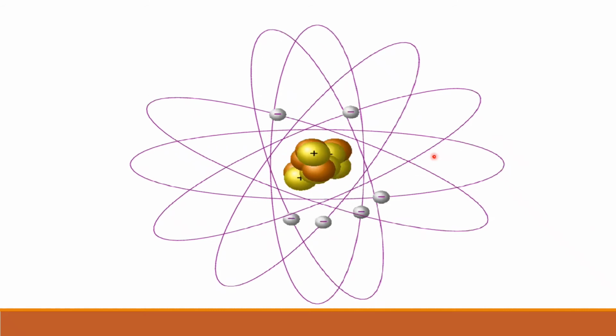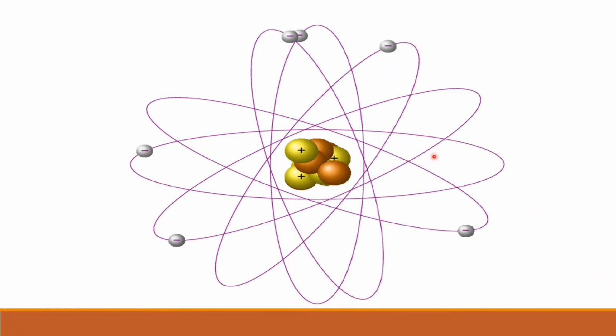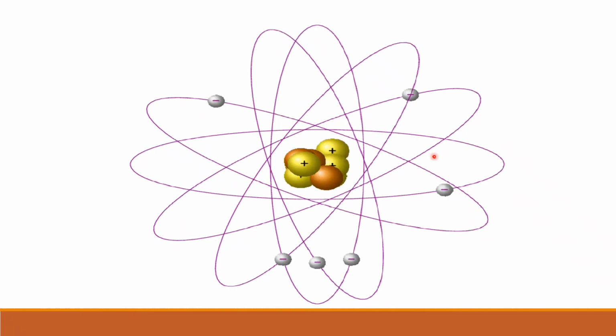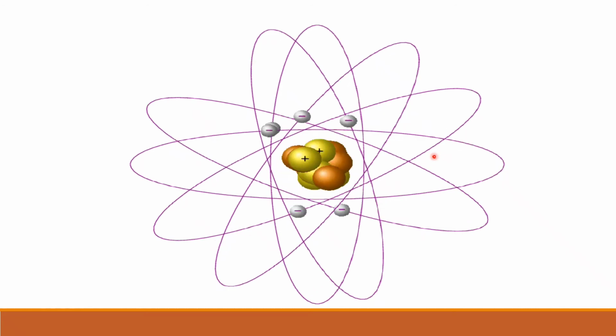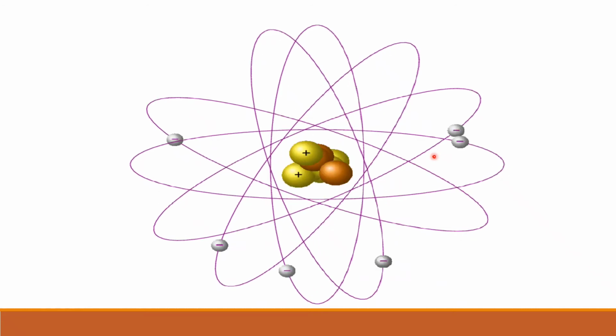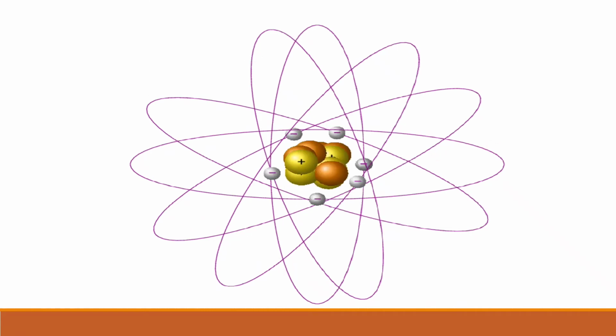That is why most matter you come across is electrically neutral. Meaning if the electrons and protons are balanced, the atom is in neutral condition. If the atom is neutral, the number of protons and electrons are the same.